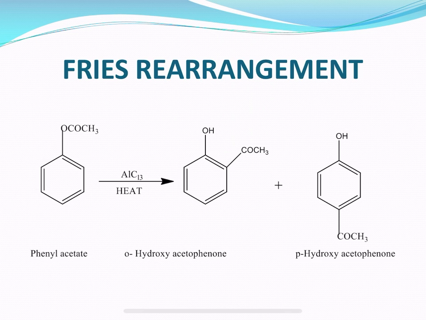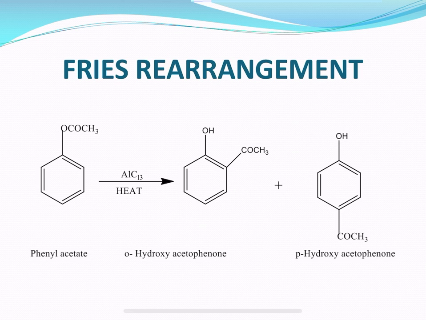Mainly on the number of hydroxyl groups, for example monohydric phenols, dihydric phenols, trihydric phenols, that means single, 2 and 3 hydroxyl groups respectively, are known as different types of phenols.